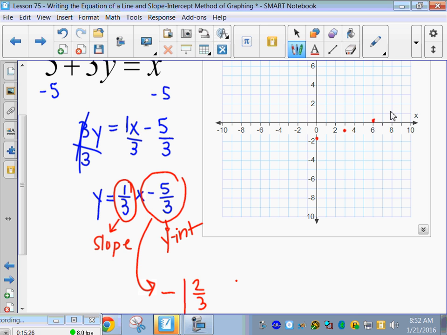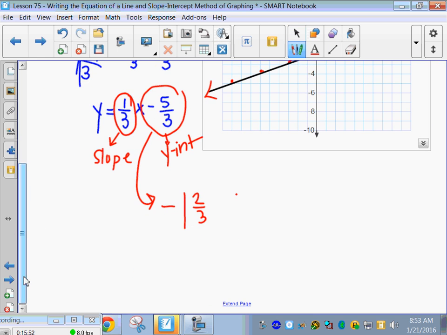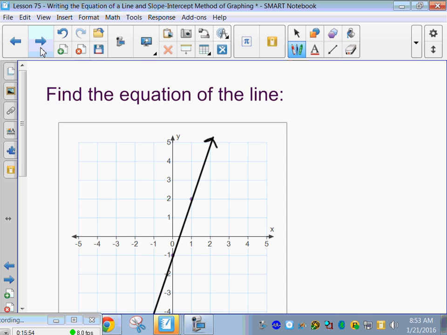Up 1, over 3. So all my points are just a little bit above the grid. That's annoying, right? And then we can also go down and to the left, because that would be negative over negative, which is also positive. And draw your line. I missed. Ooh, perfecto. Okay, arrows on the end of that for full credit here to show it goes forever. That one was super fun.